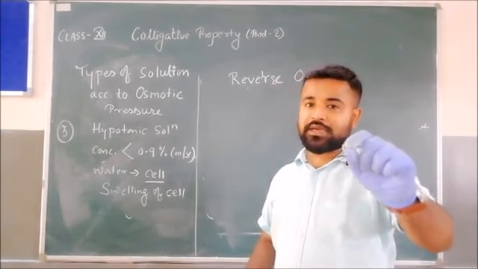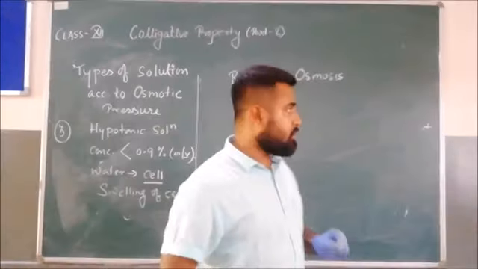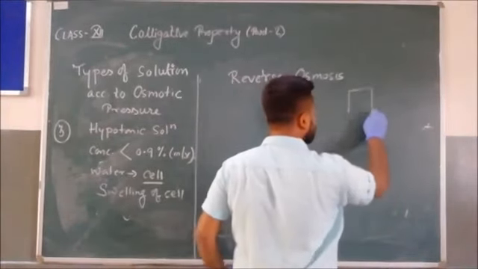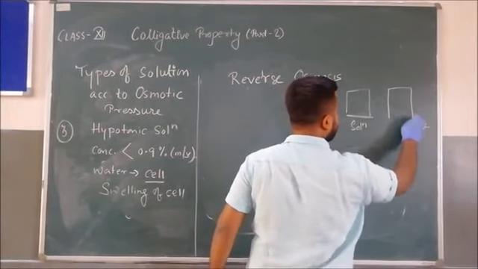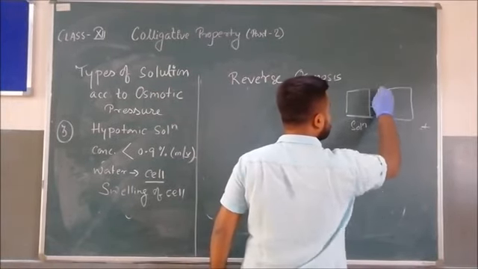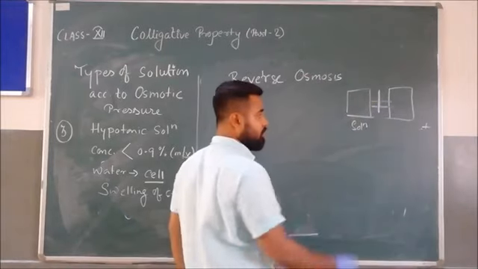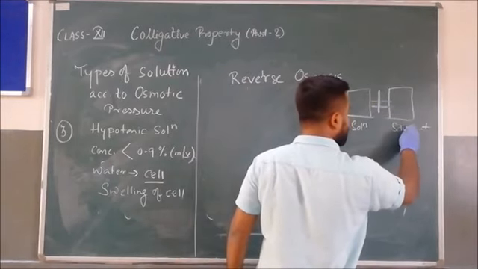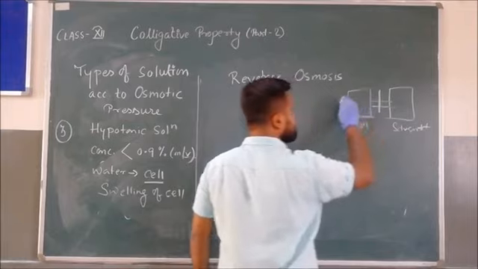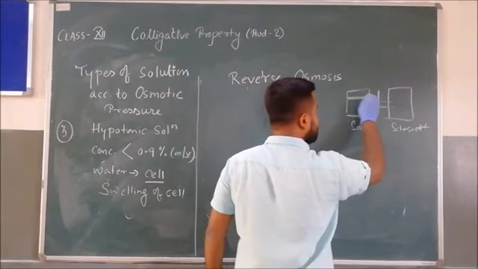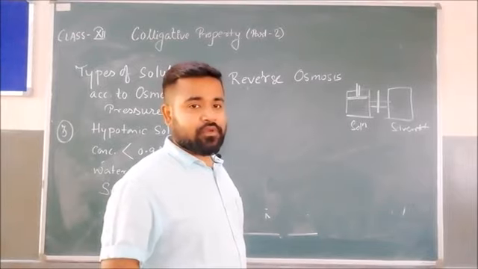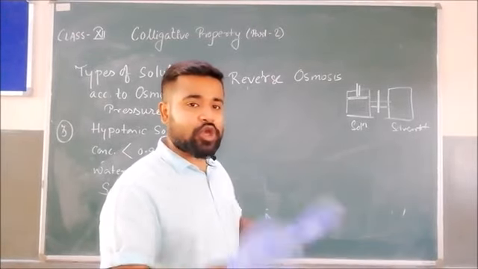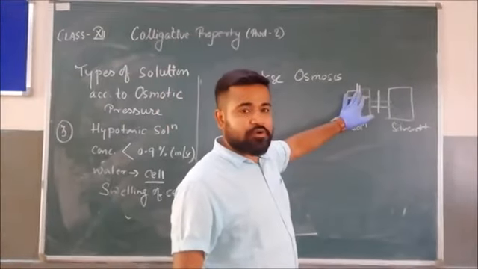That particular pressure is known as osmotic pressure. Suppose this is the solution and this is the solvent, and they are separated by a semi-permeable membrane. Up to this pressure the solvent is not moving, meaning the flow of solvent is stopped. That particular pressure is the osmotic pressure.